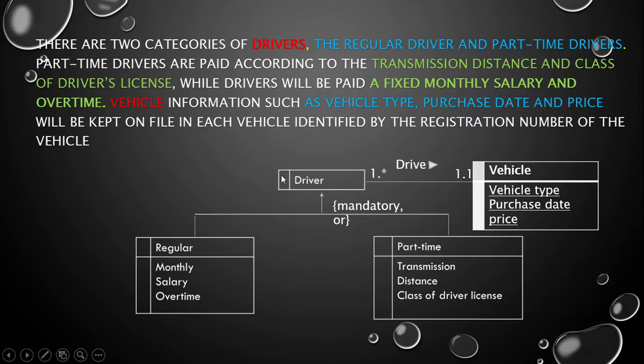For example, here driver has two entities, regular and part-time. The attributes for regular are monthly salary and overtime. For part-time, they are transmission distance and class of driver license. The relationship between driver and vehicle is driver drive, and the multiplicity is one to many and one to one. Okay, this is a mandatory R.